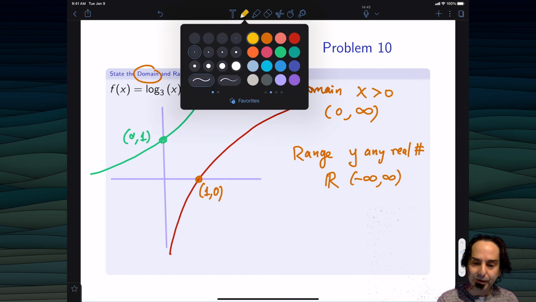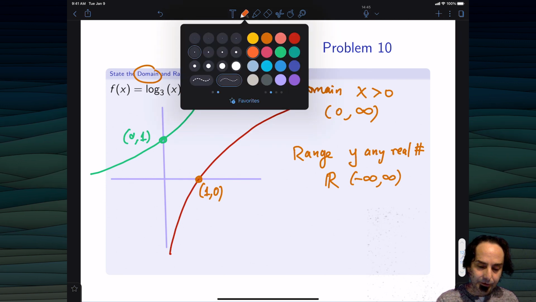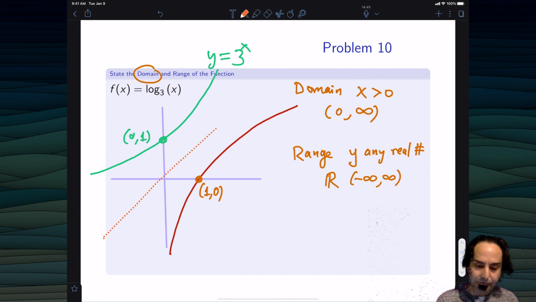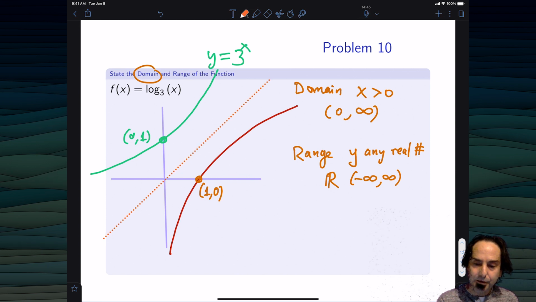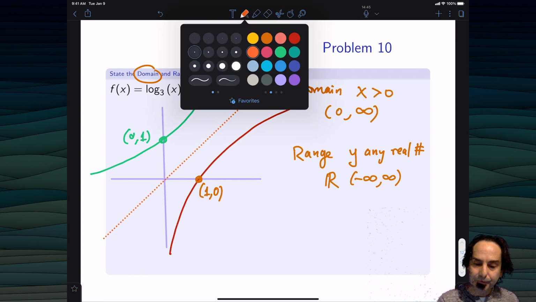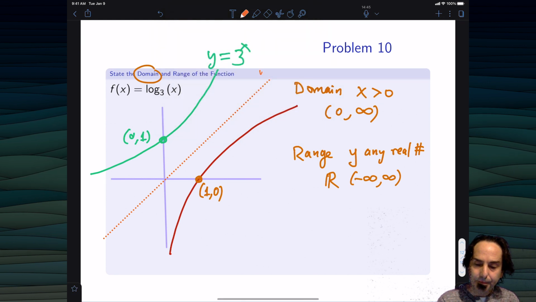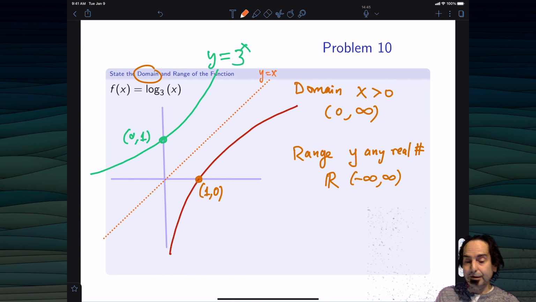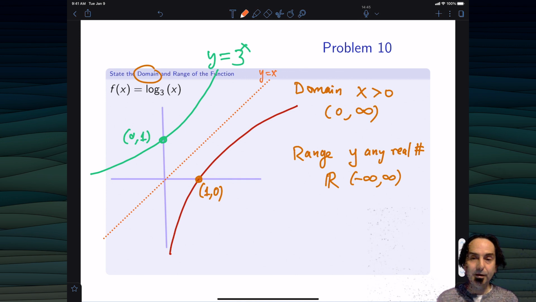It's the same function, just we're reflecting it across the line y equals x. This lets us change to an inverse function. So the log base 3 of x and 3 to the x, one is exponential, one is logarithmic.